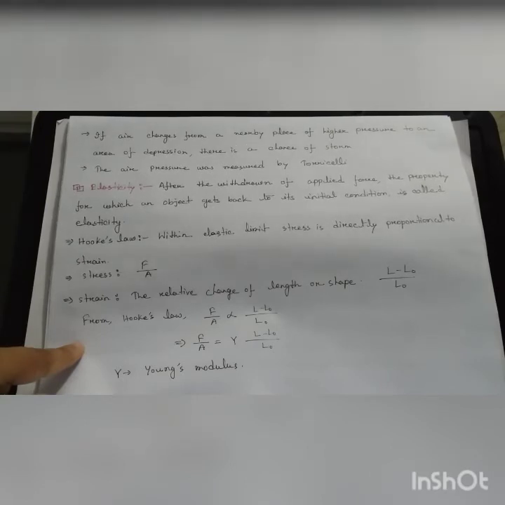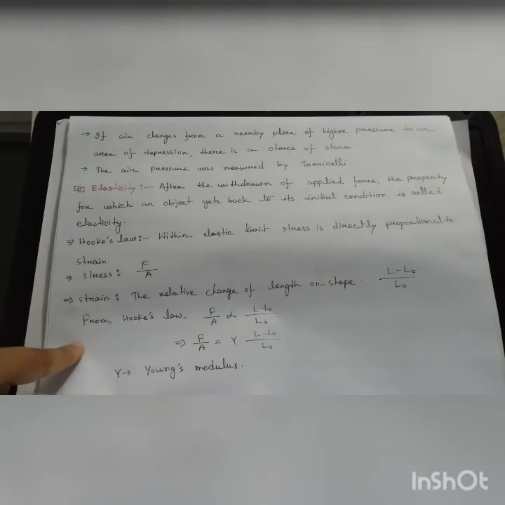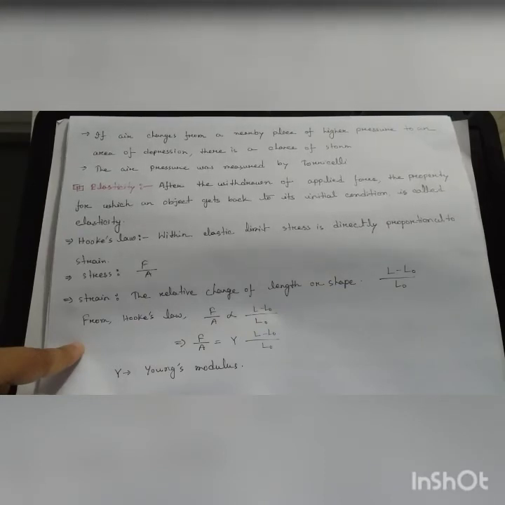And what is strain? The relative change of length or shape by applying extra force is called strain. That means if we just consider the change of length, the initial length of an object is L naught, and due to application of force, the changed length is L, then its strain will be L minus L naught divided by L naught.